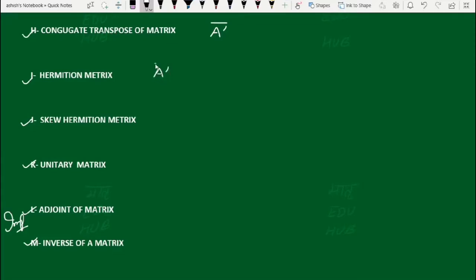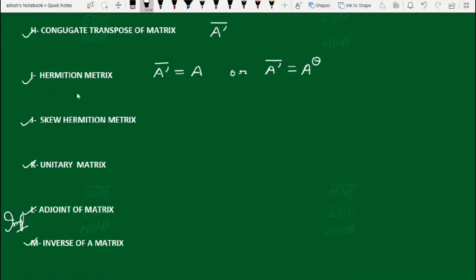If any matrix has the property A dash bar equal A, then that matrix is known as a Hermitian matrix. In some books, this conjugate transpose is denoted by A power big theta.